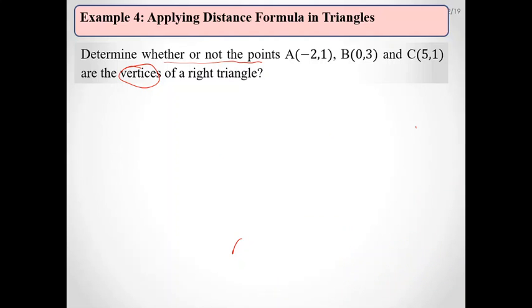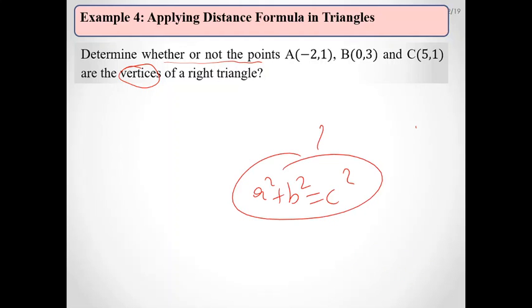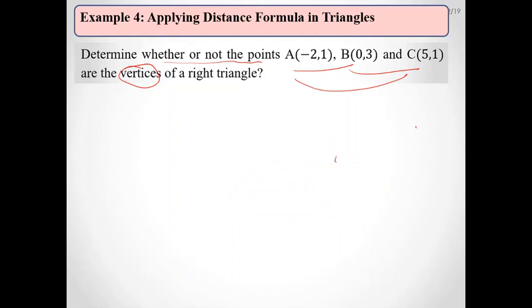So of course the idea is we have to check if we have A squared plus B squared equal to C squared. Do we have such a thing? So we will check the distances between A and B, B and C, and A and C. So this is how we do it.